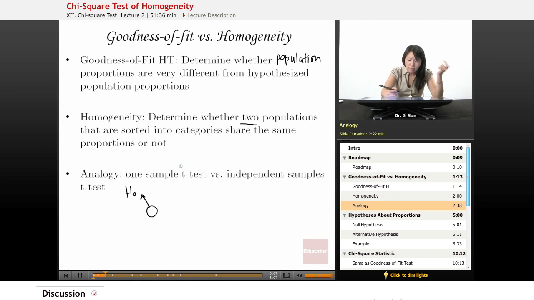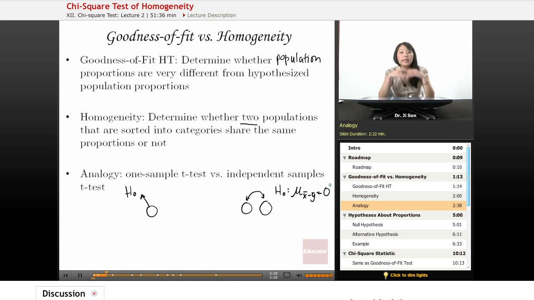Versus in independent samples, we had two samples, and we wanted to know how similar they were to each other, or how different they were from each other. And our null hypothesis changed to something like mu sub x bar minus y bar equals 0, that they're either made up of the same mean or different means.